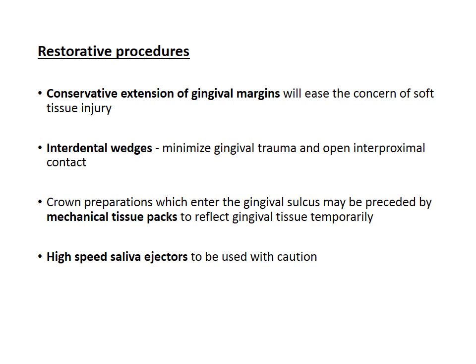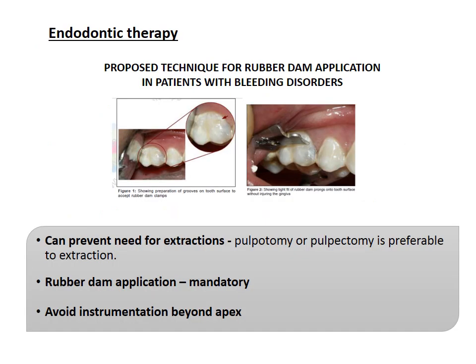and minimize the tissue injury. High speed saliva ejectors can be used, but with caution. Endodontic therapy: this is the proposed technique for rubber dam application in patients with bleeding disorders.